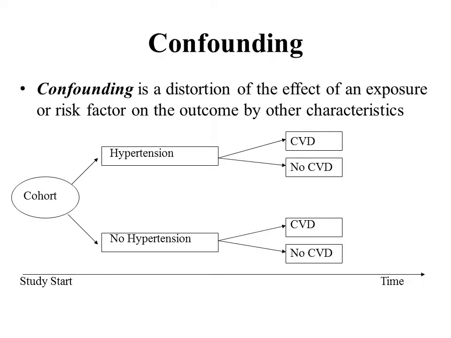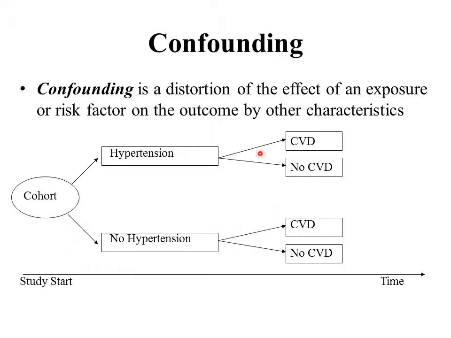So as an example, let's suppose, again, we're looking for a relationship between hypertension and cardiovascular disease. So maybe we do a cohort study, we identify a cohort, and then we observe them over time, look at whether they develop hypertension or not, and then whether or not they develop cardiovascular disease.